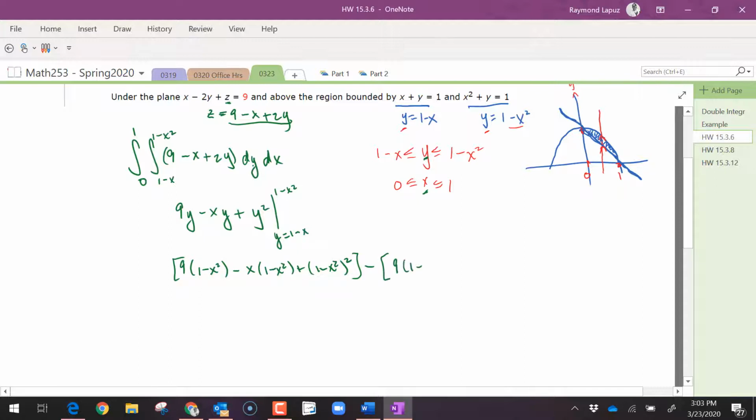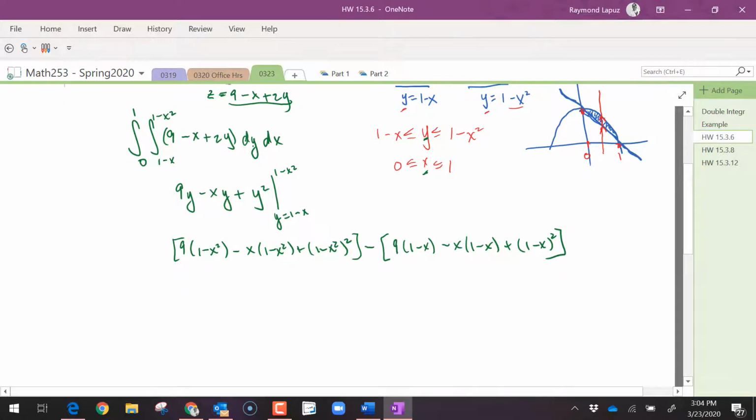9 times 1 minus x, minus x times 1 minus x, plus 1 minus x quantity squared. So I'm going to painstakingly go through this, simplify, and then integrate with respect to x.